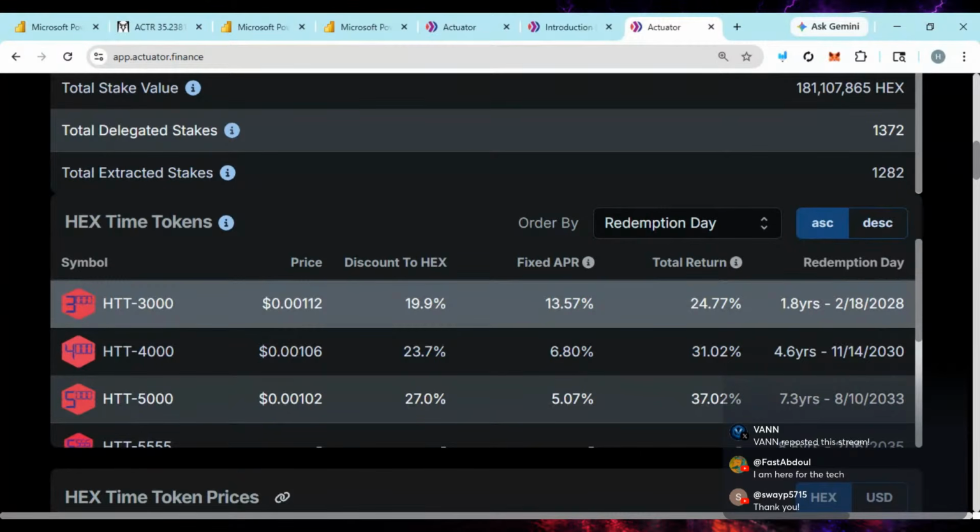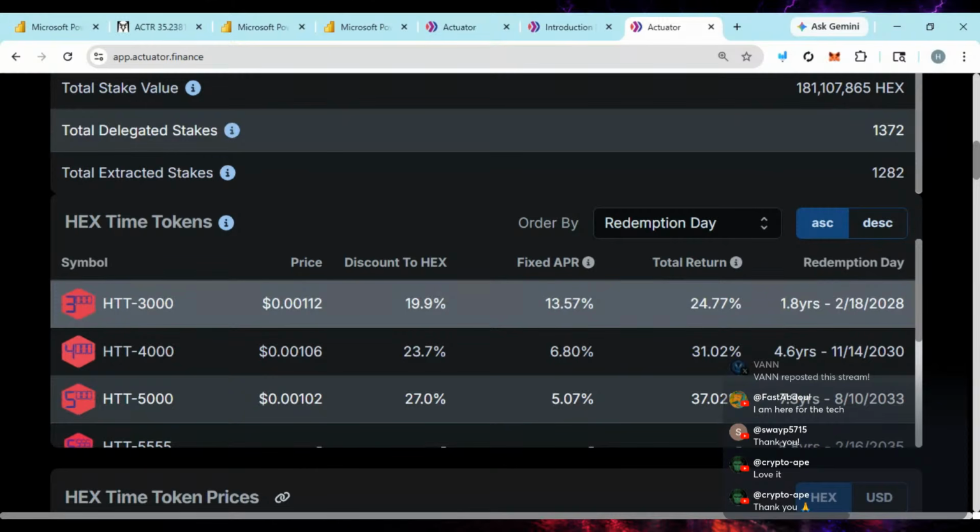But if we look at it and say, okay, well, what would be the ROI on that? Well, the ROI is roughly about 25% between now and then. Now, I guess you'd have to go look at the math dollar-wise, etc. But it's roughly about 20% to 25% return on investment.